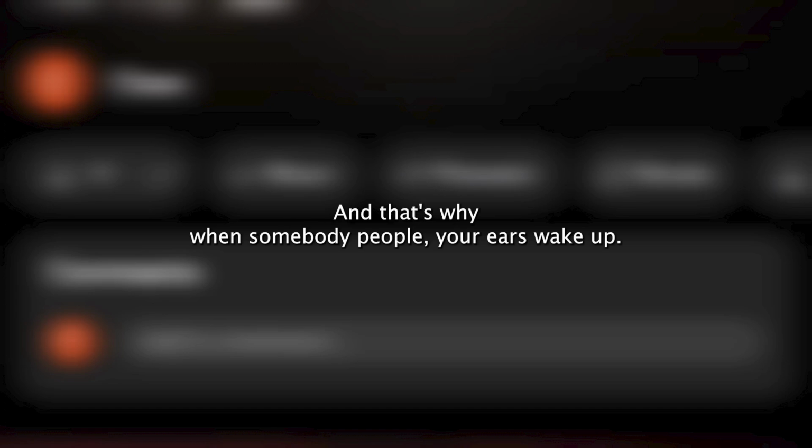Okay, so the two largest muscles to masticate are the temporalis. Temporalis are superficial right here. And that's why when some people chew, their ears wiggle. Look where it's located. It's right in back of your pinna.